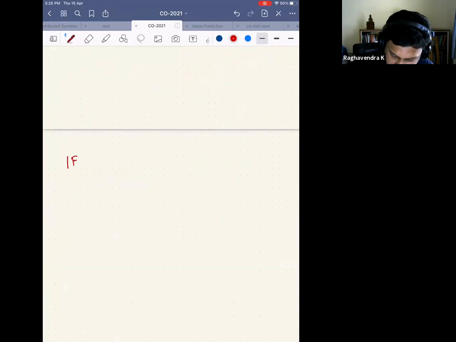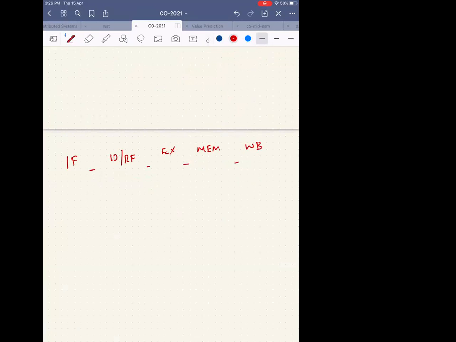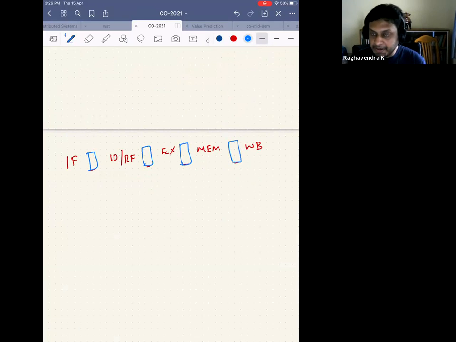See, there is instruction fetch, instruction decode, register fetch, execute, memory, and write back. In between them, what is there? Pipeline registers, right? So please don't forget there are pipeline registers here.